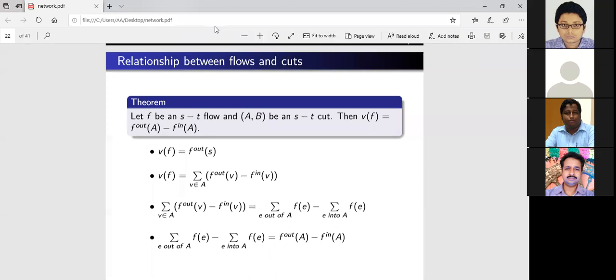The value of the cut does not take into consideration the capacities from B to A. You don't bother about the capacities of the edges from B to A. But when you are looking at a flow, it can be shown the value of the flow is equal to the total going out of A minus the total coming into A.